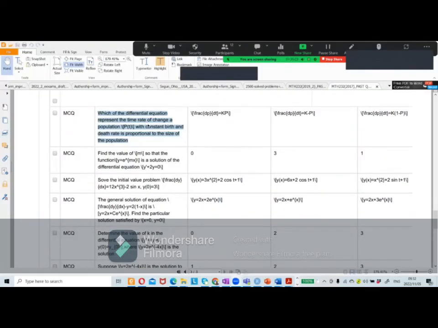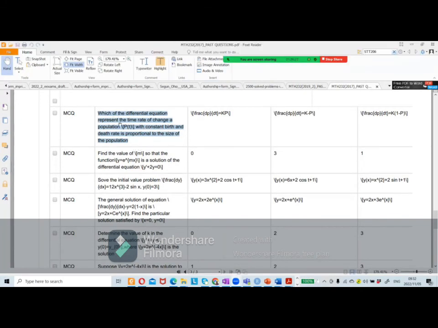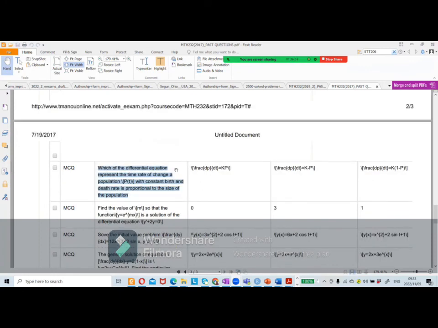So let me just share the screen again so that you can see what I'm seeing here. Can you see it now? Yes, we can, but it's blurry. Now, they said represent the change of population, P of T, with constant births, and the death rate is proportional to the size of the population. I just showed you in the slide: dP over dT equals kP.